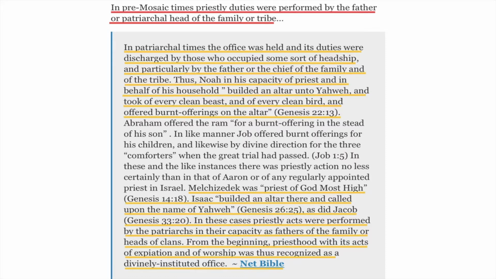Thus Noah, in his capacity of priest and on behalf of his household, built an altar unto Yahuwah, and took of every clean beast and of every clean bird, and offered burnt offerings on the altar, which is mentioned in Genesis chapter 22, verse 13.